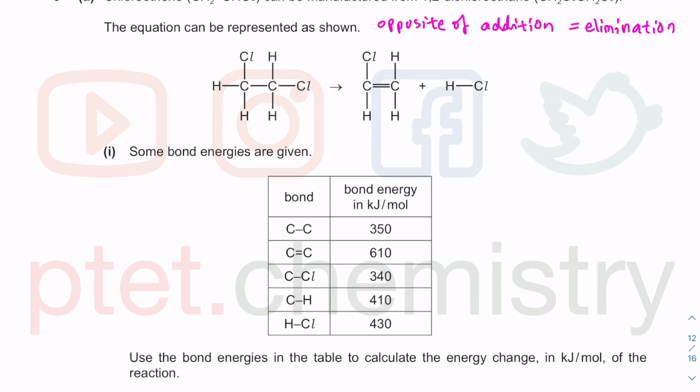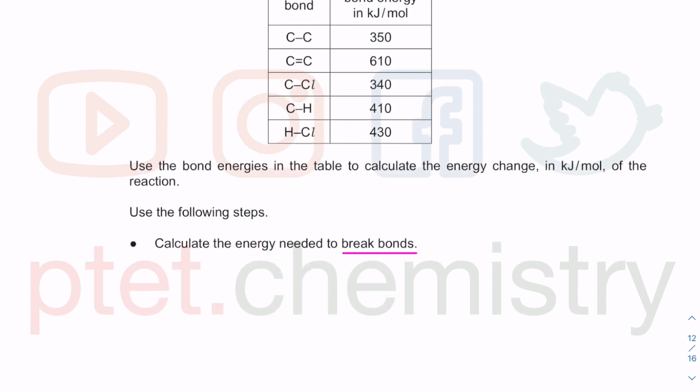There are two ways of looking at this problem, because you see that this one is here, here, here, and here, so they are still present. But I have a feeling that when they ask you to calculate the energy needed to break bonds, you are breaking everything.